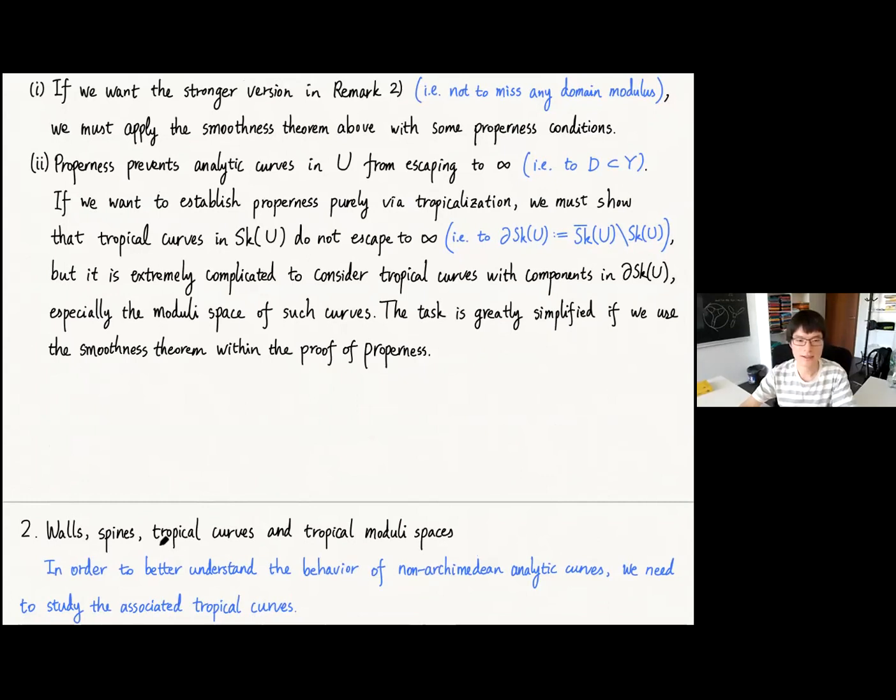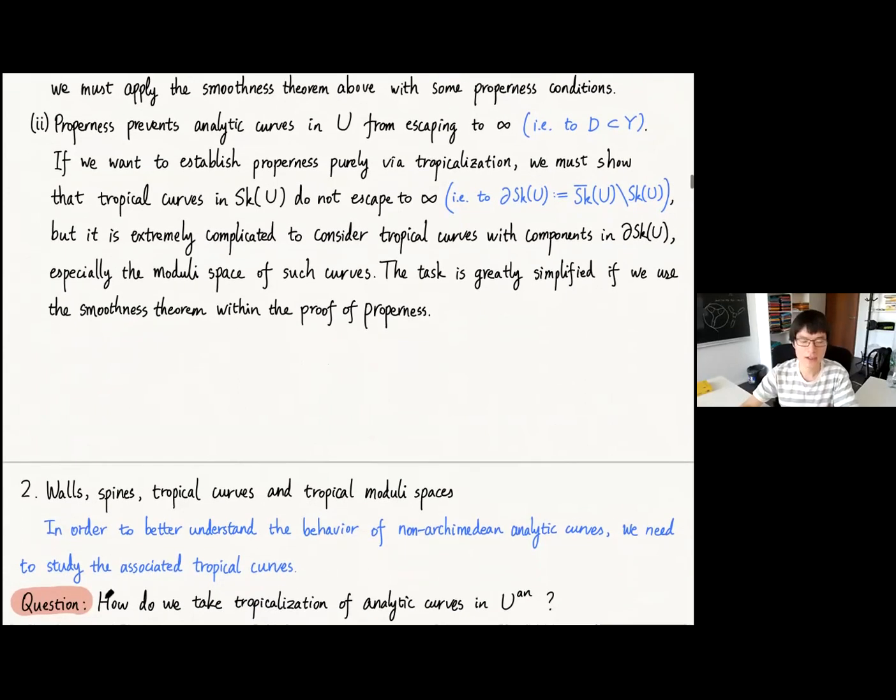Walls, spines, tropical curves, and the tropical moduli spaces. In order to better understand the behavior of non-Archimedean analytic curves, we need to study the associated tropical curves. Question: how do we take tropicalization of analytic curves inside U analytic?